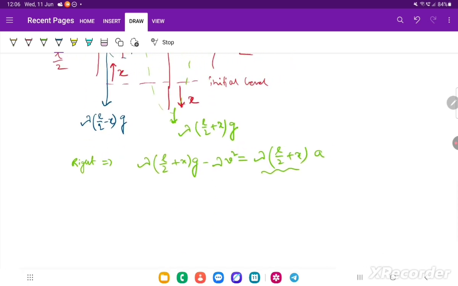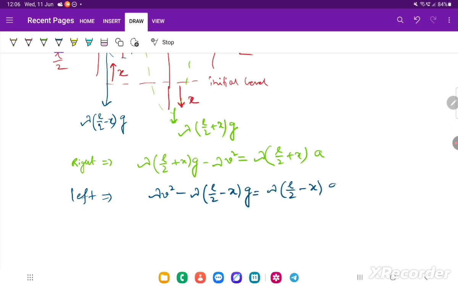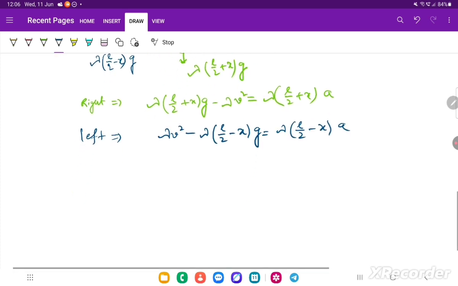That much you can say for sure. Similarly, for the left part, we can write λ v² − λ (L/2 − x) g = λ (L/2 − x) a. Now we'll try to eliminate a, because a is not required. So let's get rid of a.